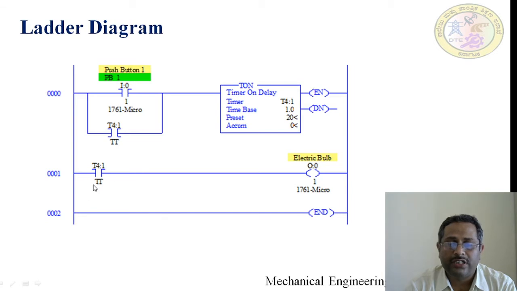If instead of the TT bit we use the DN bit, the working is reversed. If you use the DN bit, it will be off for 20 seconds and after 20 seconds, it will be on. But we want it to be on first, then switched off after a predetermined time. That's why we are using the TT bit.